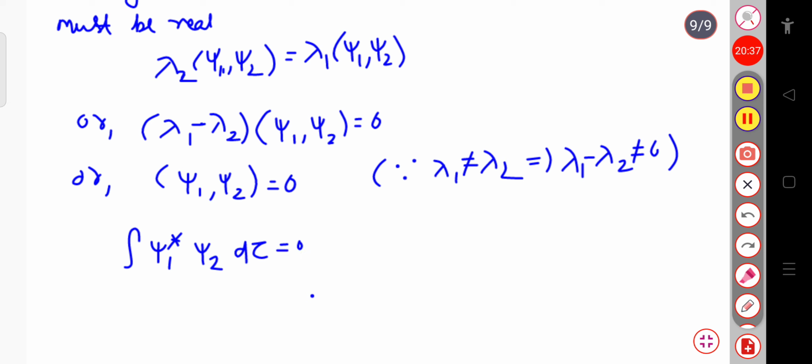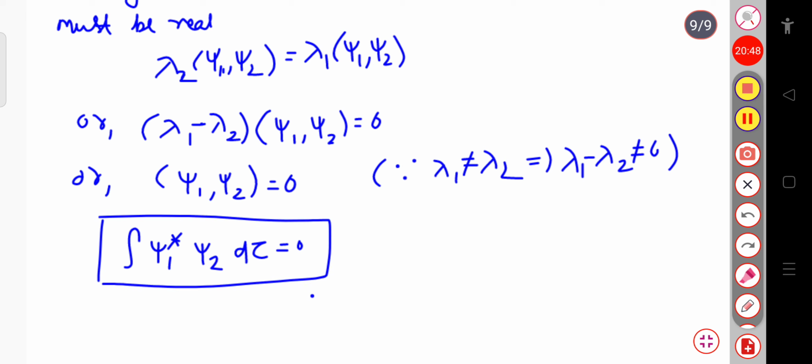The first term will represent the complex part and the second term is the real one, and the integration over this is equal to 0. That is, psi 1 and psi 2 are orthogonal to each other.